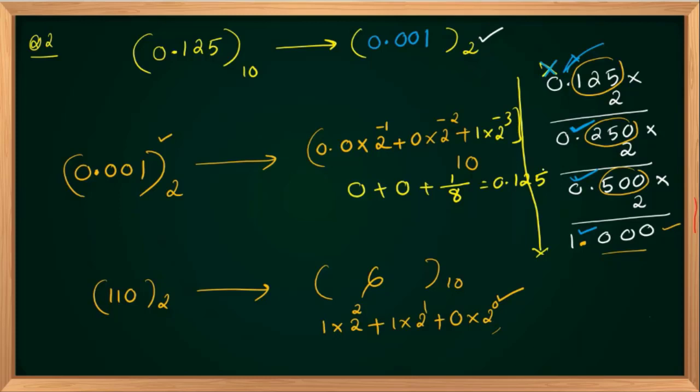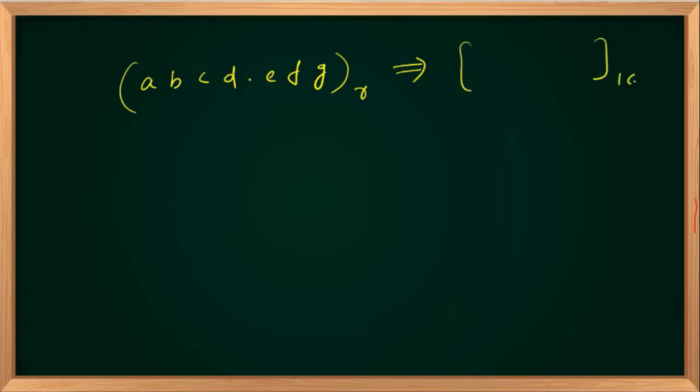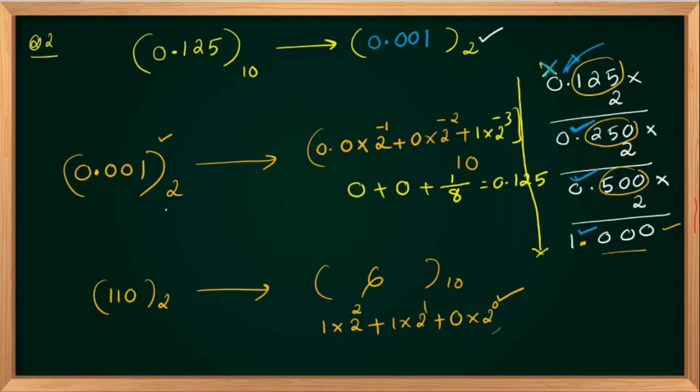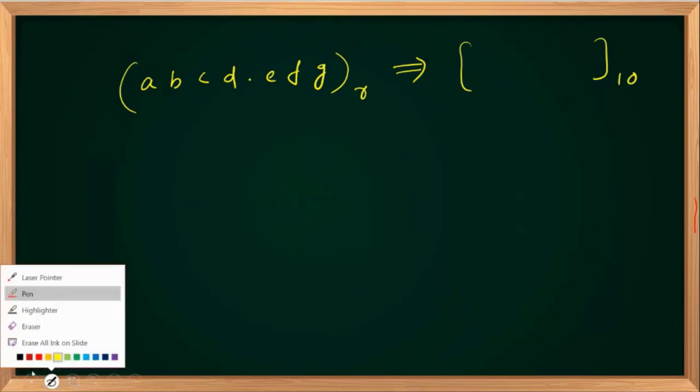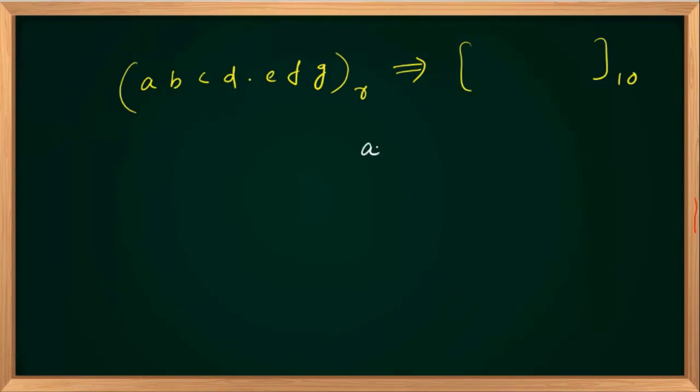Right, so in general, if you're having a number ABCD dot EFG in base R, to convert into decimal, similar to this binary case, the procedure is to take the first digit, that is A here, and count the number of digits, 1, 2, 3, 4.